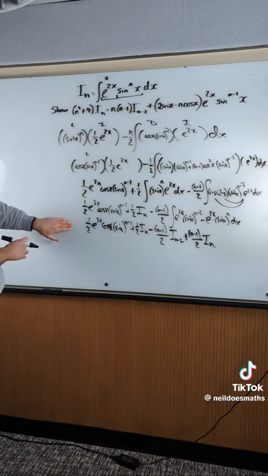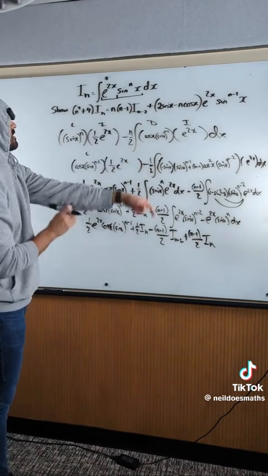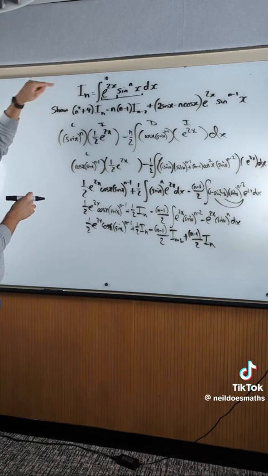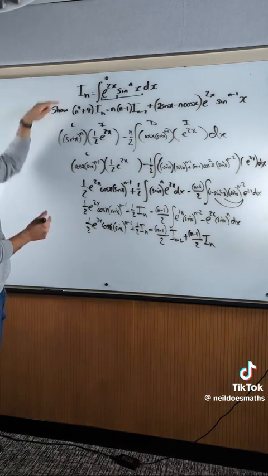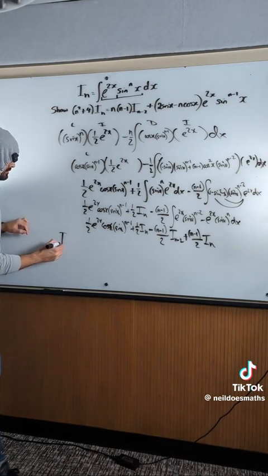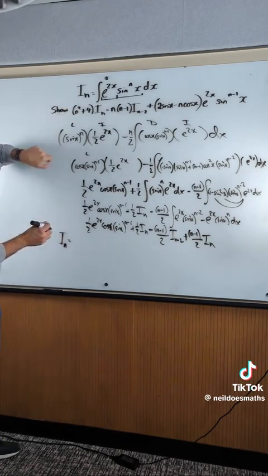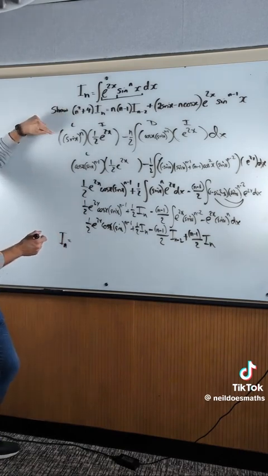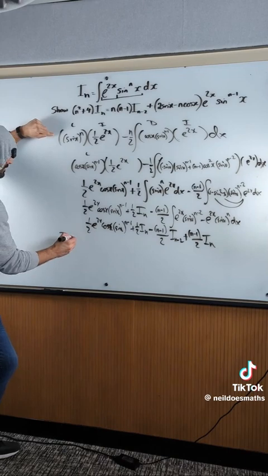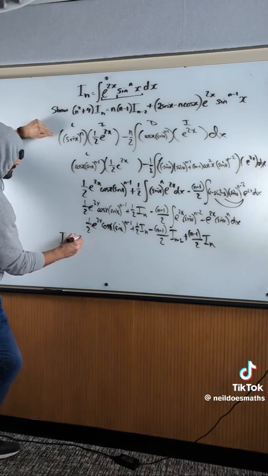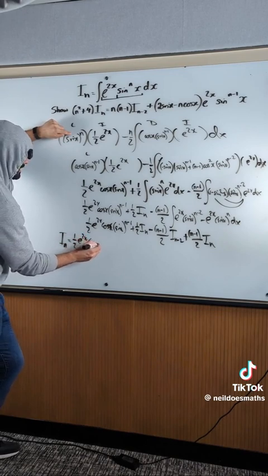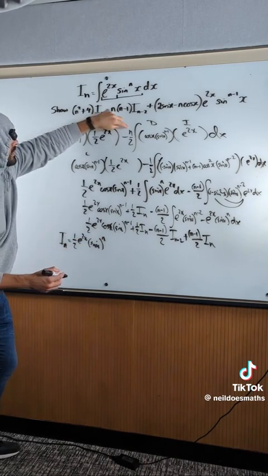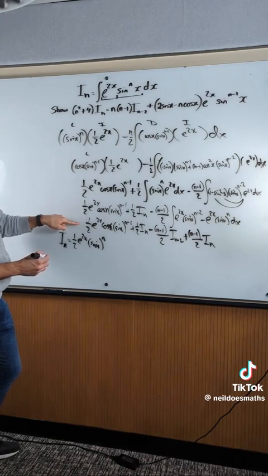But all of this needs to go back into here. And that all equals In. Oh, man. So, we have Ian. That integral is this: half e to the 2x sine x to the power of n, minus n over 2 times all of this.